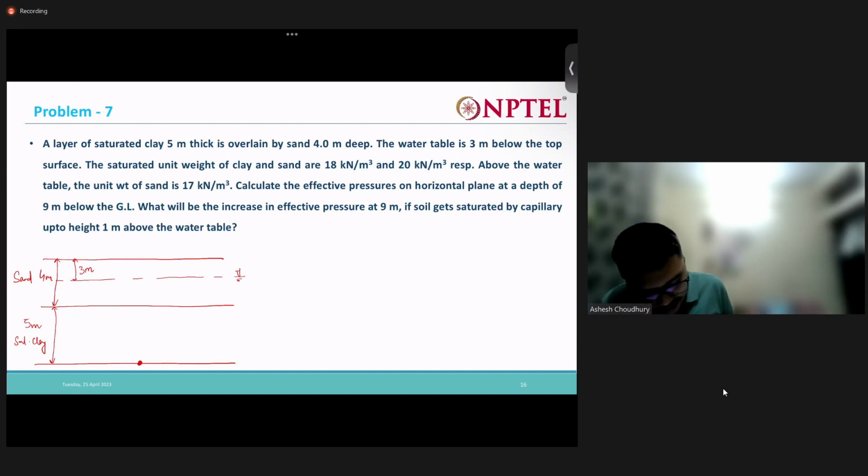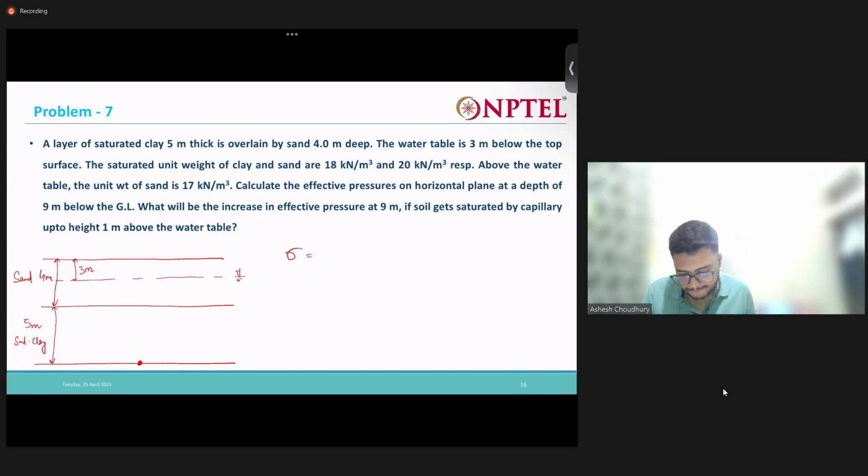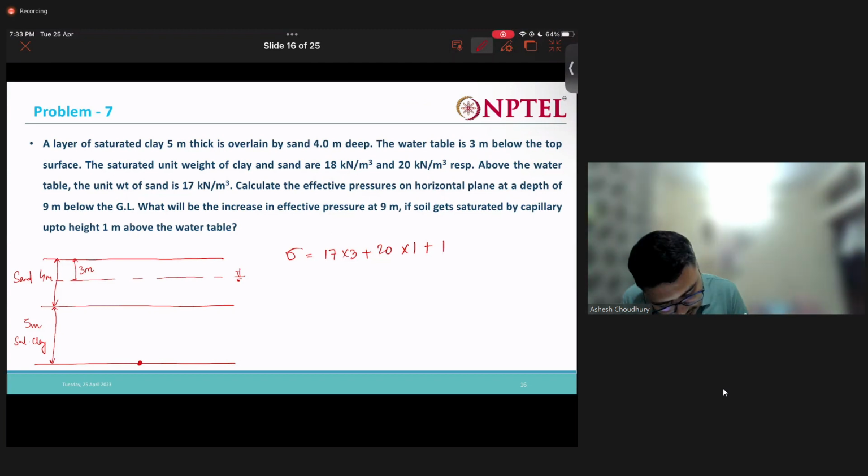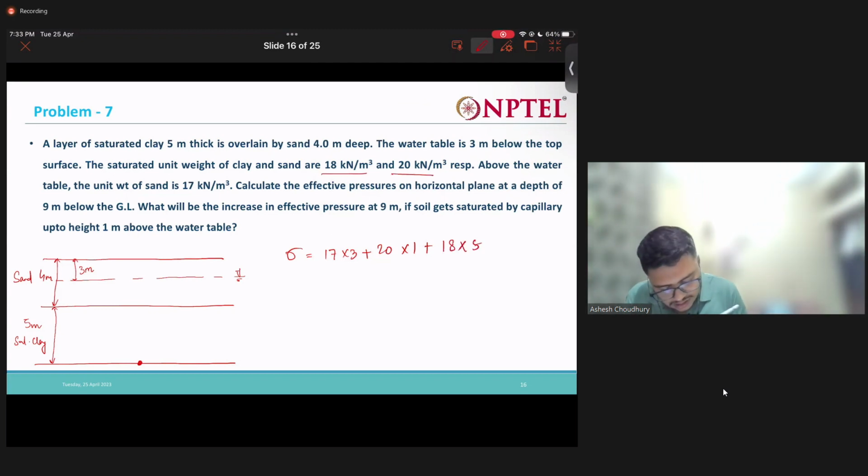So first let us find out the total stress. What will be the total stress? 17 into 3, plus 20 into 1 for the saturated sand, plus 18 into 5 for the clay.